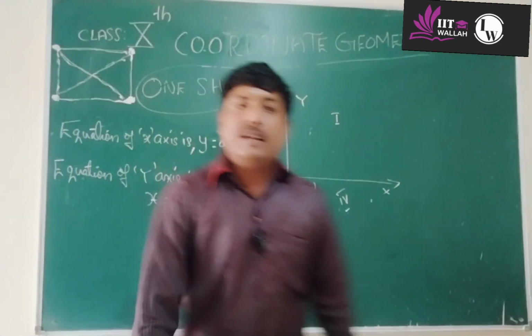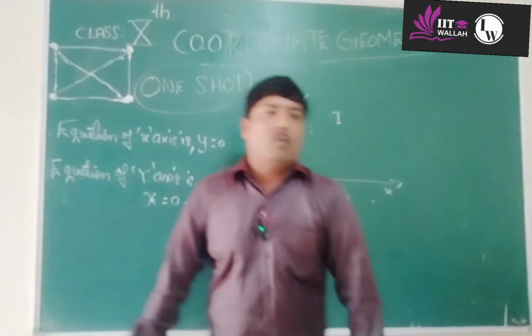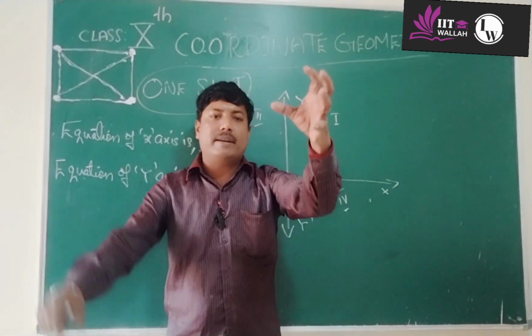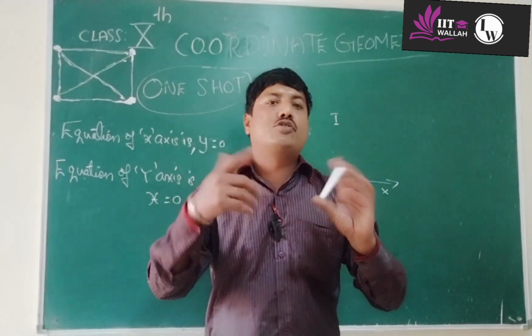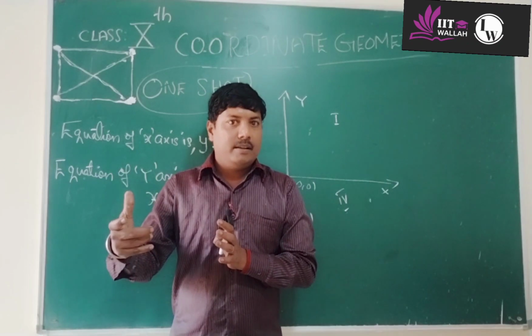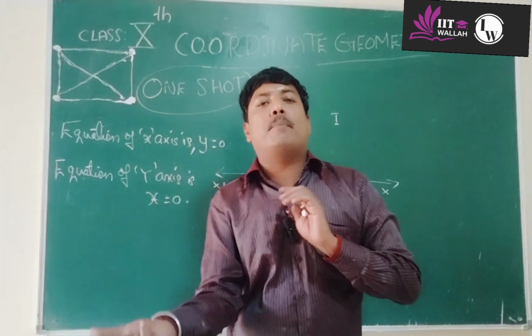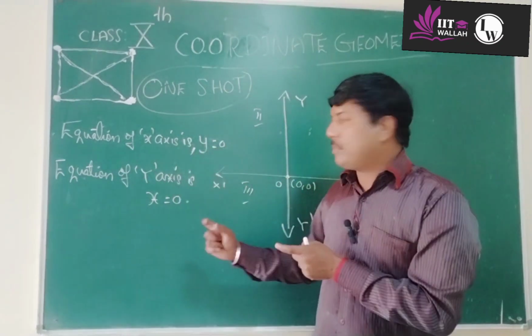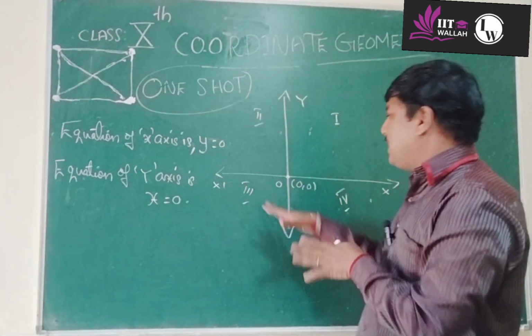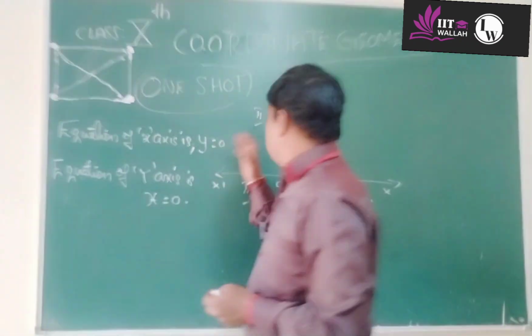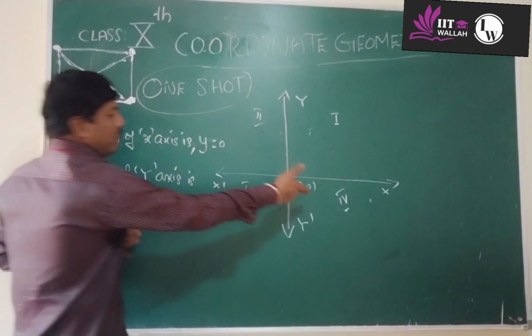Got it? Clear? So, what do you mean by coordinate geometry? Coordinate geometry has been developed as a tool to learn geometry or geometrical figures with the help of algebra. And in this chapter, we are going to deal with the x and y axis, first quadrant, second quadrant, third quadrant, fourth quadrant.